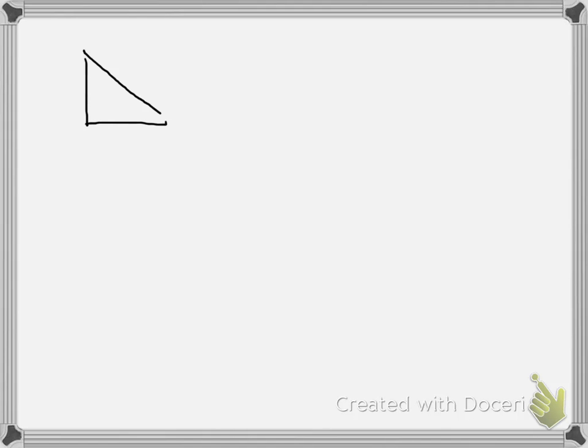Pythagorean's theorem, I'm sure you've heard of, or that you probably remember from high school. Pythagoras was a Greek philosopher who discovered that if you have a right triangle and you label the sides A, B, and C, no matter what, if you took the length of side A and squared it, and you took the length of side B and squared it, it would give you the long leg C squared.